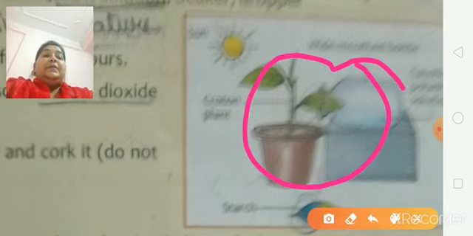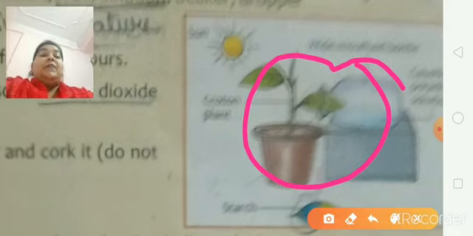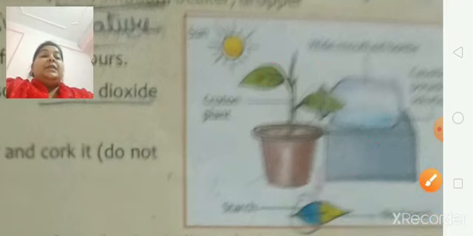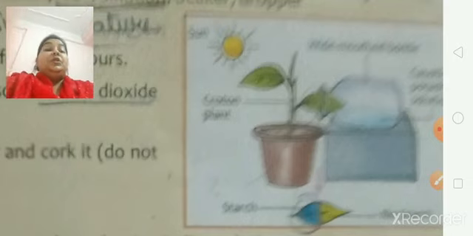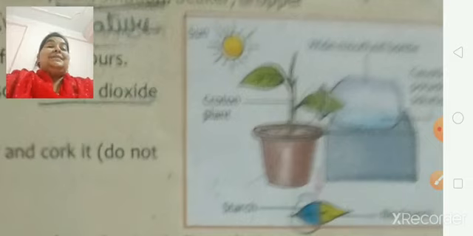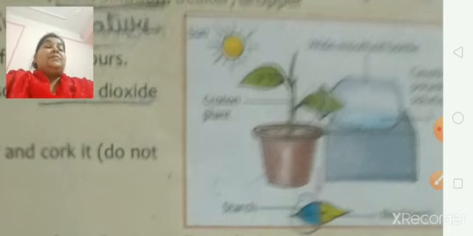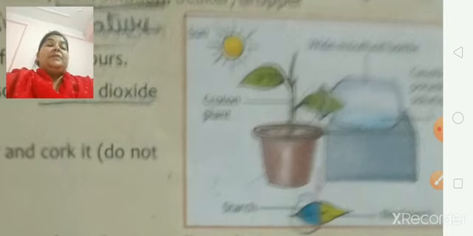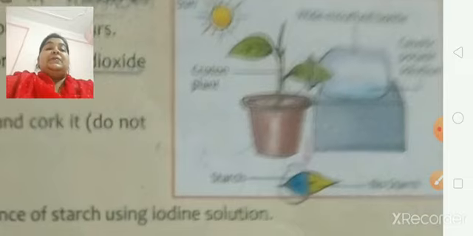We haven't plucked the leaf, but in that beaker we have poured some KOH solution. What will the KOH solution be doing? It will absorb the carbon dioxide from that half of the leaf. Here, see, half of the leaf is inside the beaker and half of the leaf is outside, in the environment, where it is getting sunlight and chlorophyll.